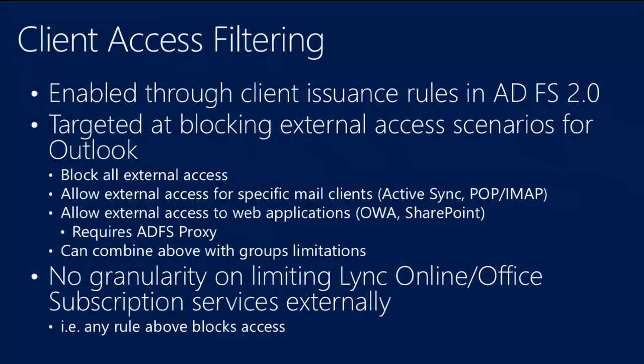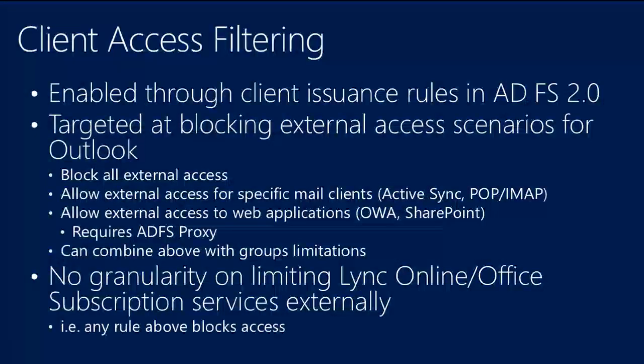It's not something you can do with password sync. But you now can create an issuance rule that says, I know what my client IP will be because I know what my external IP of my proxy is, for example. So I can say, if you're using Outlook and Exchange thinks you came from my proxy address, then I'm going to allow you to authenticate. I'm going to issue you a token. Or I'm going to say, no, you didn't come from mine, you're trying to use Outlook at home, and I'm going to deny that request.